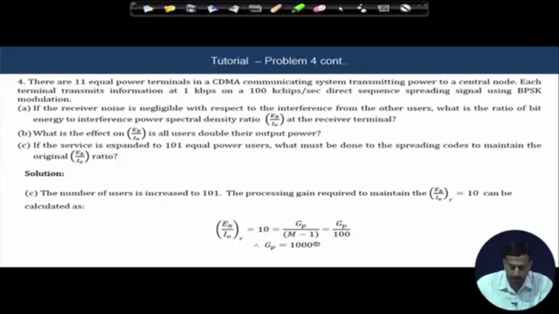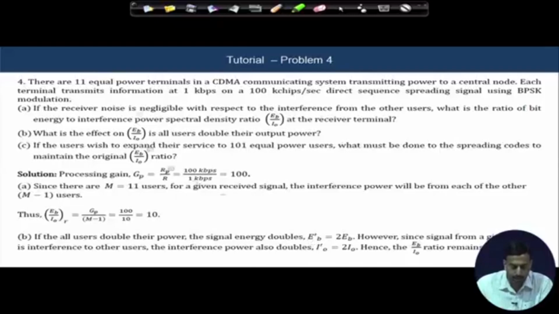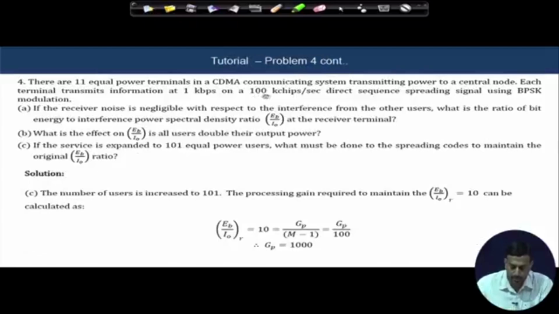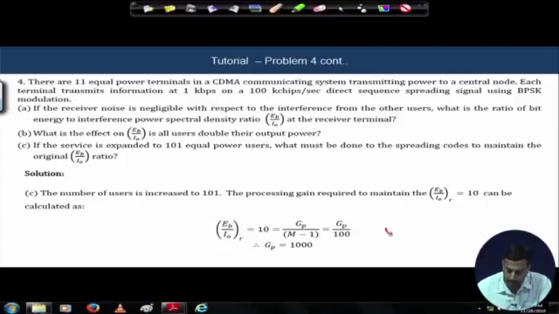So now what has to be done, because we have fixed the transmit rate at 1 kbps. We originally had a sequence transmitting at 100 kilochips per second, but now we therefore need the code rate to increase, so that we get a processing gain of 1000.